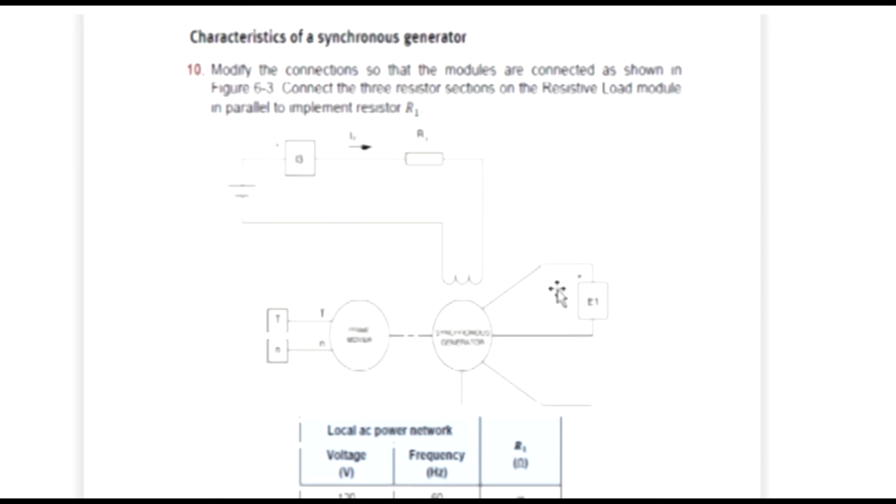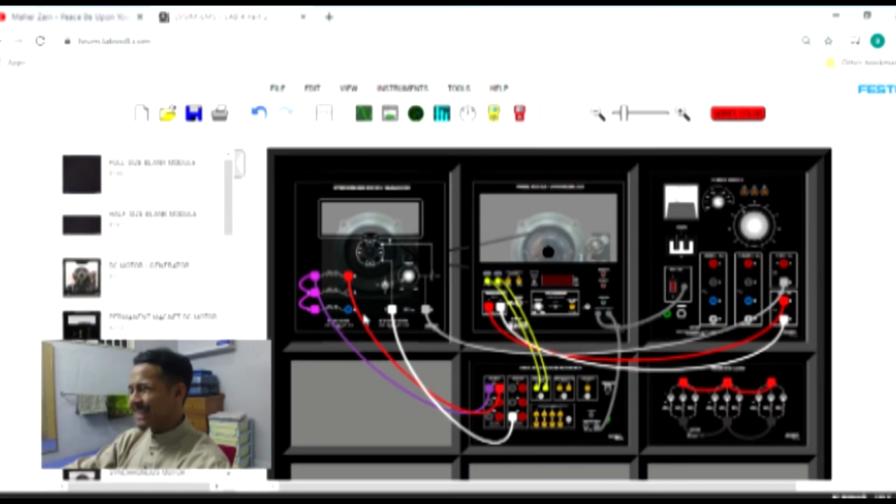For this part, we are using the same connection but adding a resistor as a load, then only using E1 at the synchronous generator. So I will make the connection. I'm already done with the connection, adding a resistive load.